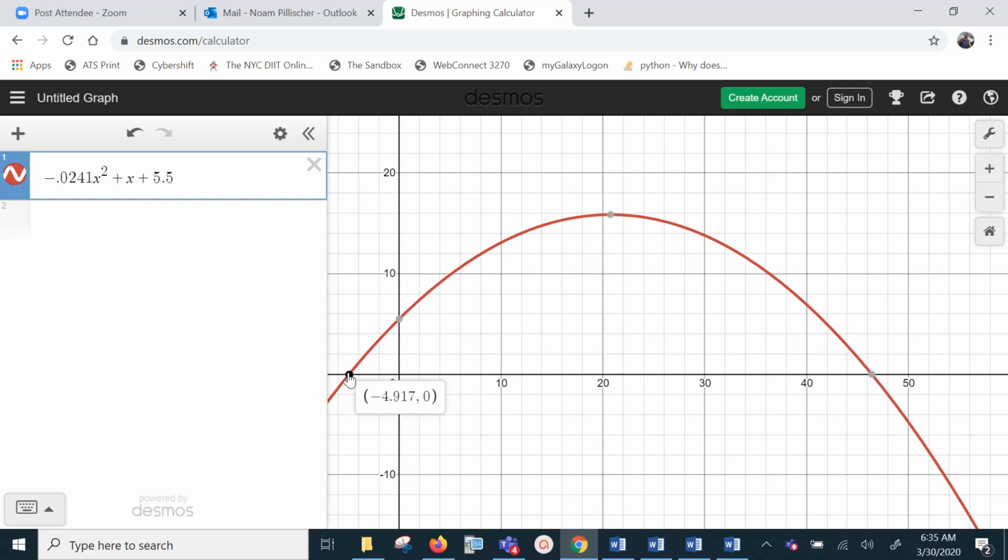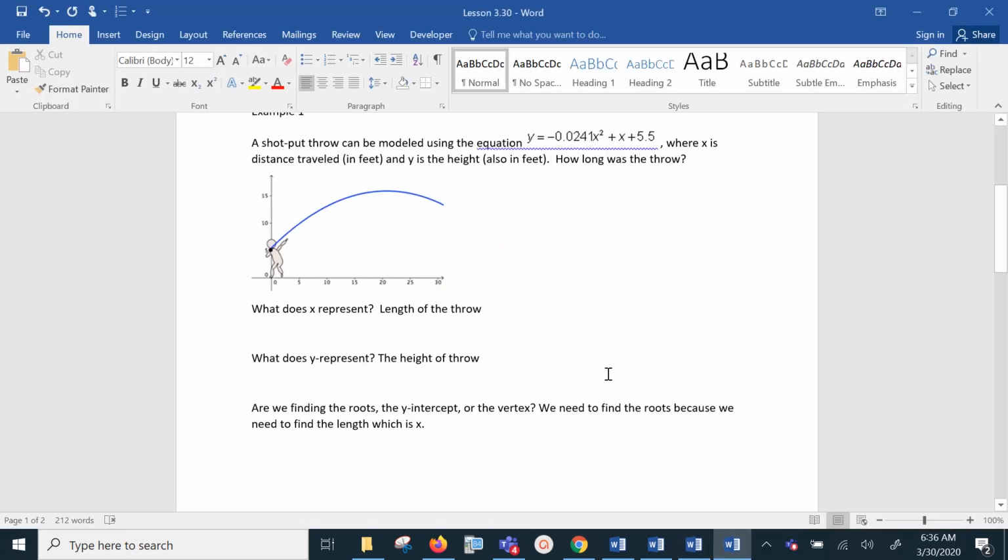Because it's a real world problem, right? So the person who threw it at 5.5 feet, right, threw it from the origin, and it was in the air, traveling along until it got to 46.411 feet.